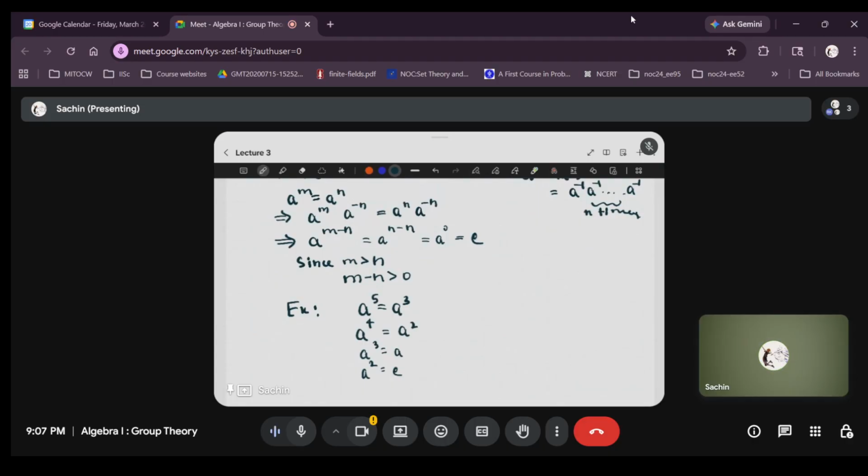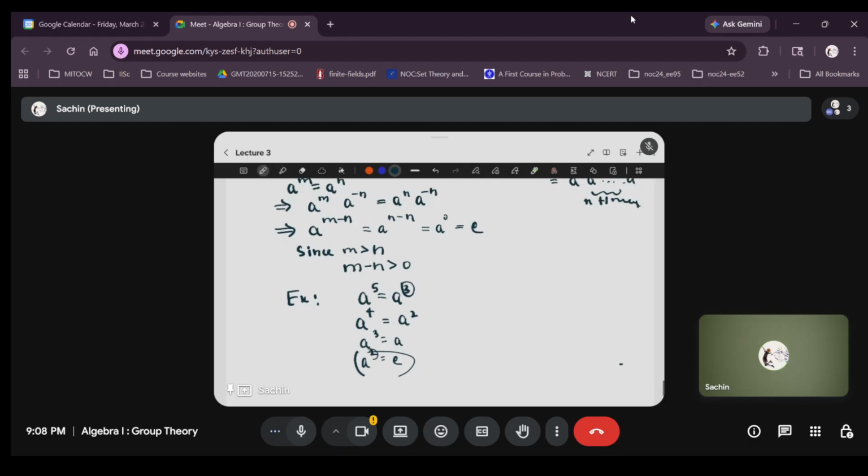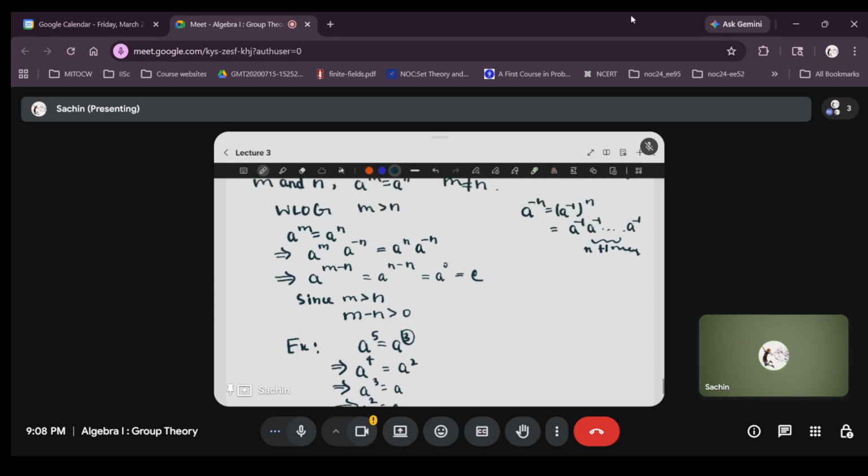So you can carry out this procedure, multiplying both sides by a inverse the smaller integer number of times, and you will end up with some power of a being equal to e, some positive power. That's what I mean by the previous proof.